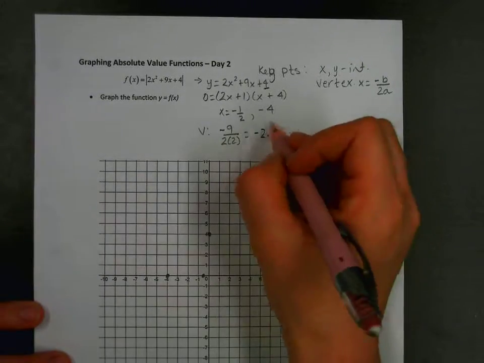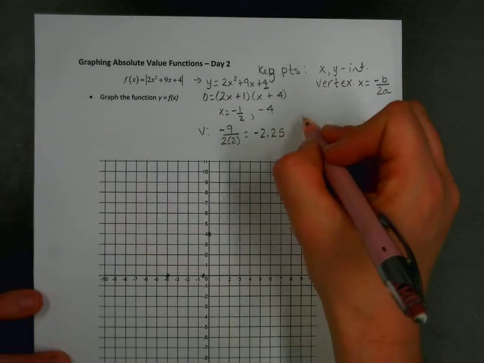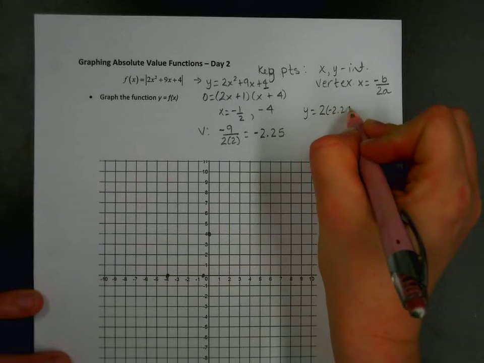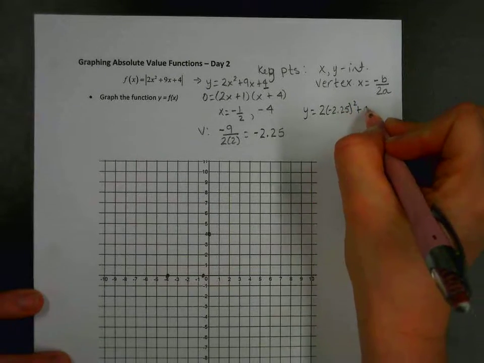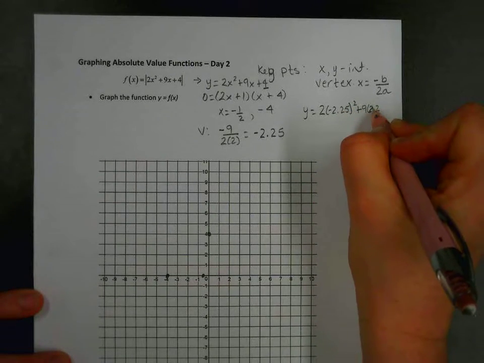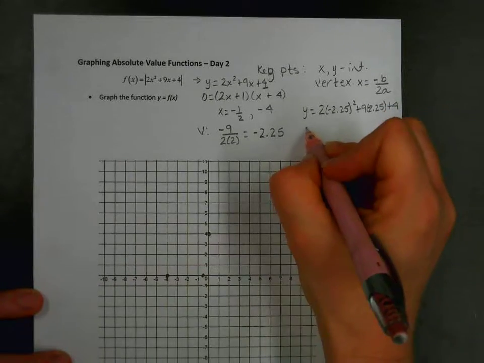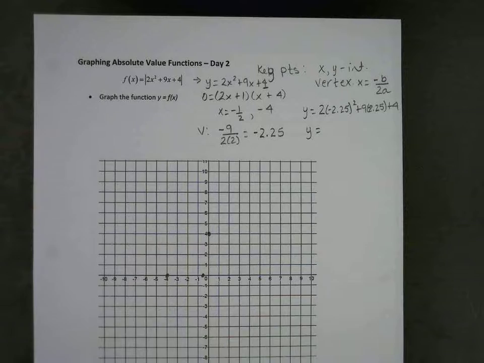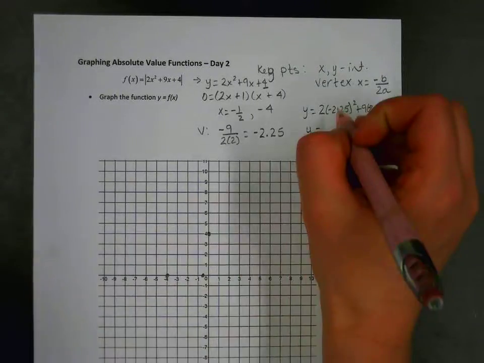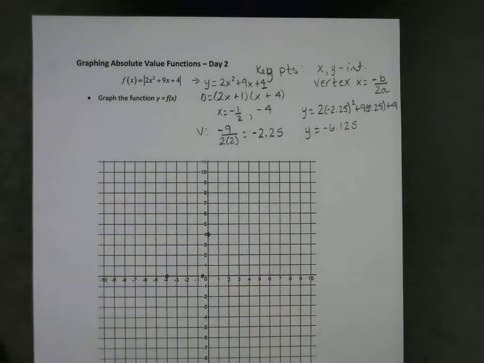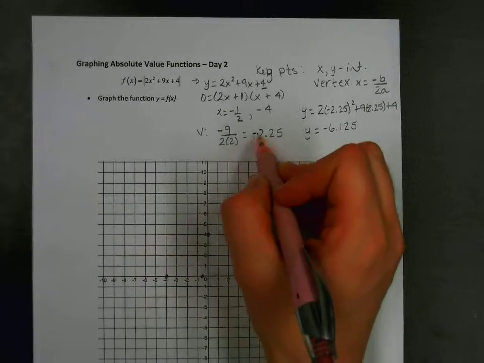I'm now going to substitute that into my equation to find my y value. When you substitute in, the y value should end up being -6.125. Okay, so now I'm going to plot this point.